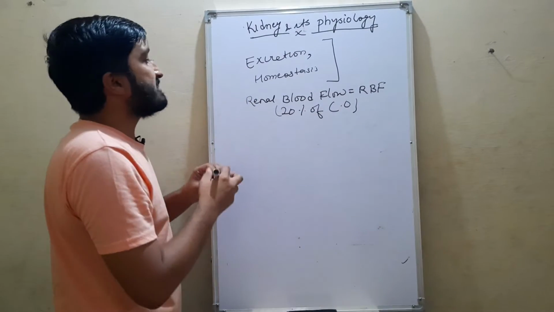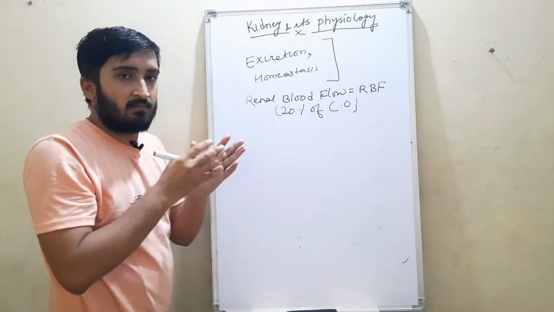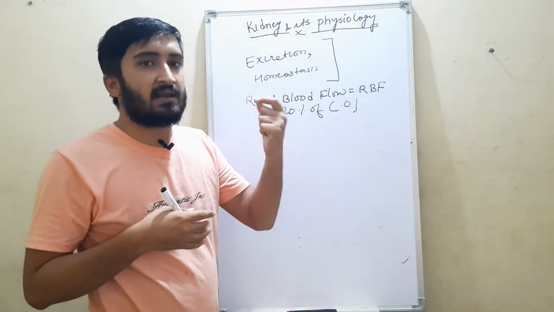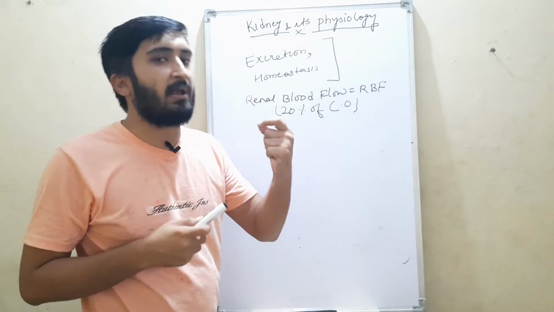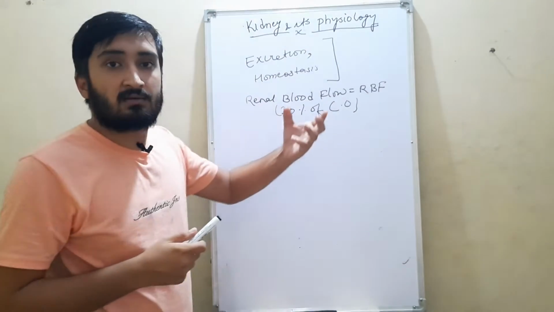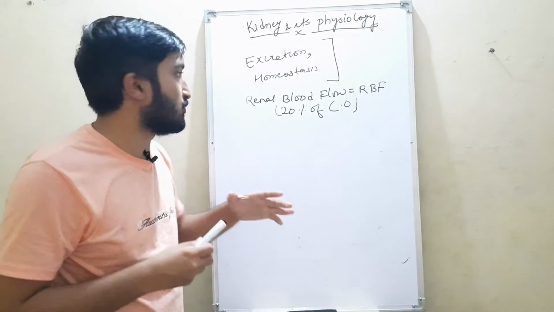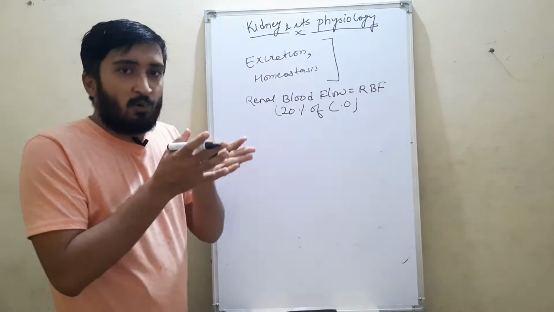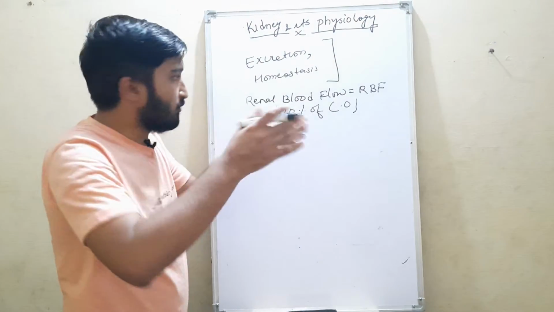Now we must understand that the kidney makes the urine by initially performing a filtration mechanism, which is performed in the glomerulus and Bowman's capsule. So the components of blood are in two forms.